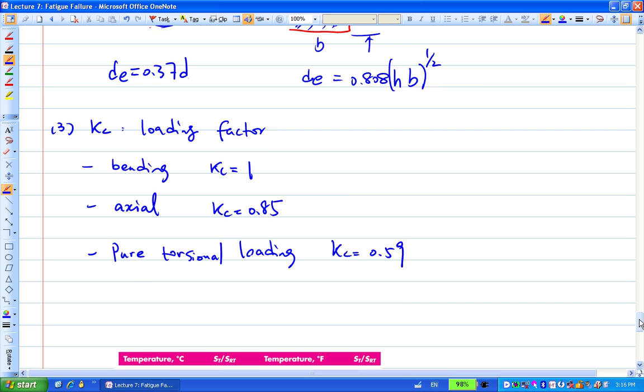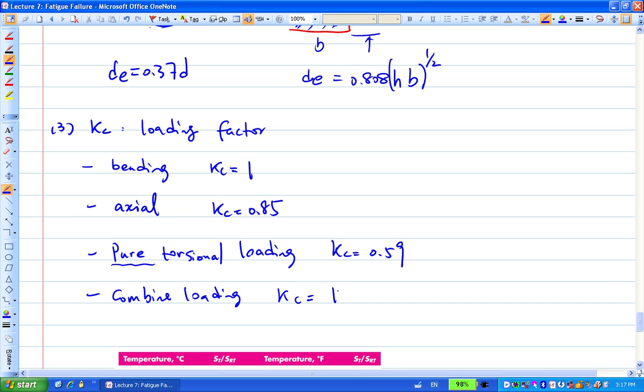That's pure torsion, nothing else. If you have a so-called combined loading, it's any combination. It doesn't matter what kind. Maybe it's axial plus bending or axial plus torsion. It doesn't matter how combined it is; you just set your Kc equal to 1.